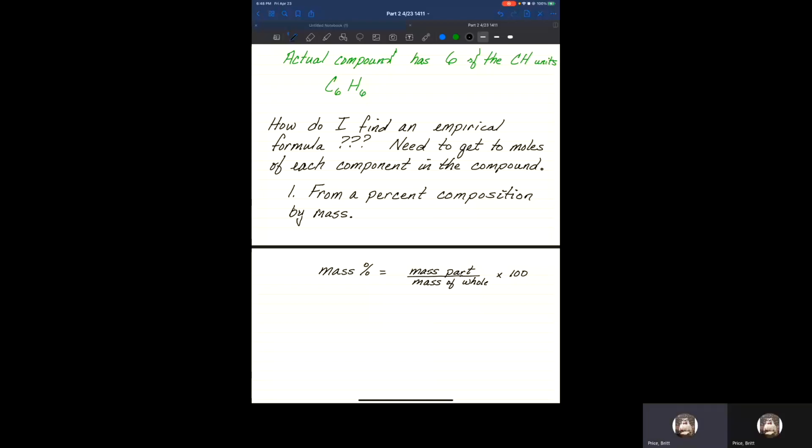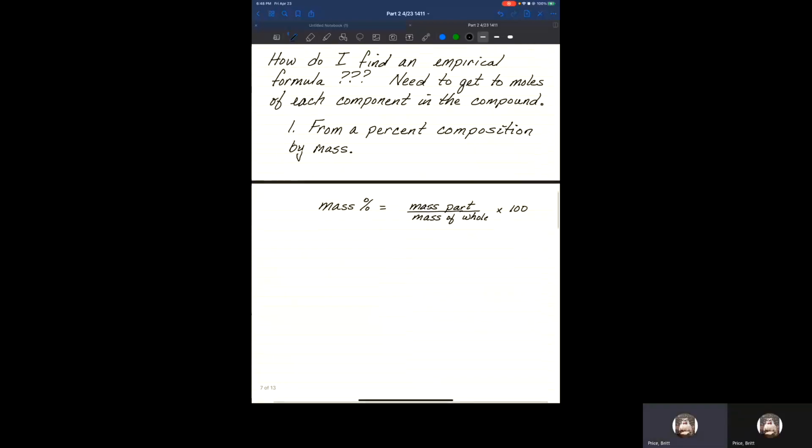So if I tell you, for example, a compound is 82.27% nitrogen and 17.76% oxygen, squeeze, by mass.